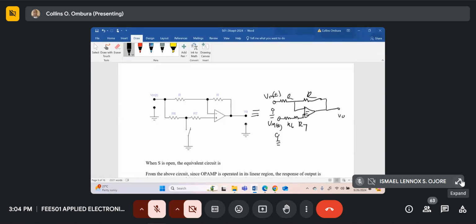To get the overall response, because the amplifier is operated in its linear region, the output is the sum of the response due to the signal connected to the inverting input with the non-inverting input equal to 0, plus the output due to the signal connected to the non-inverting input with the signal connected to R6 and R7 equal to VMT.